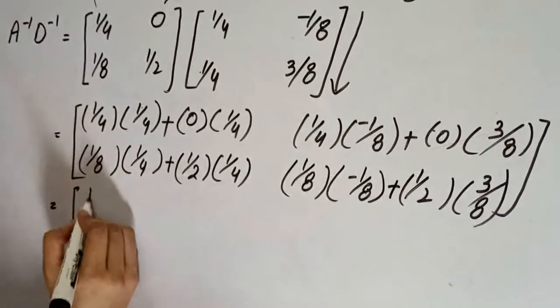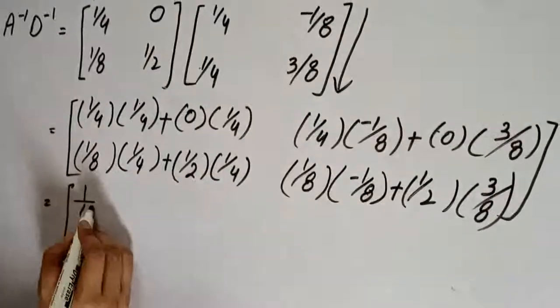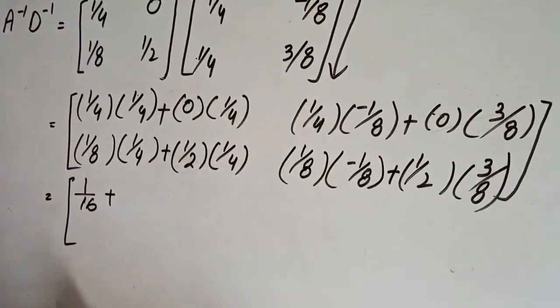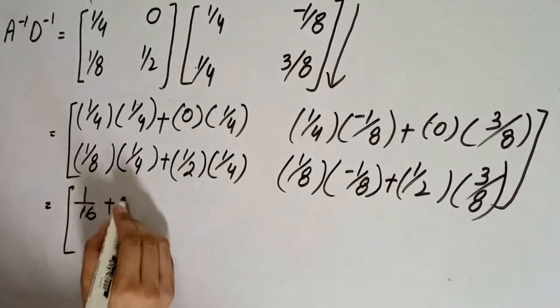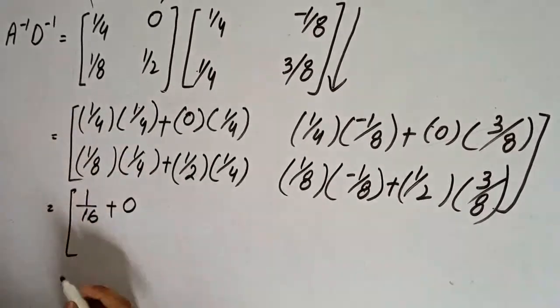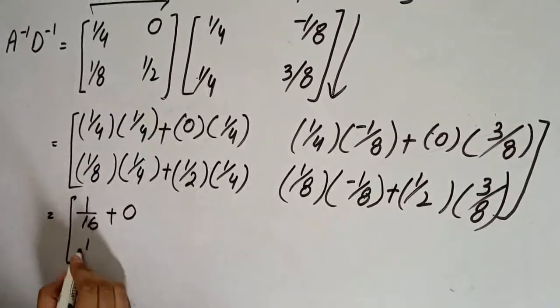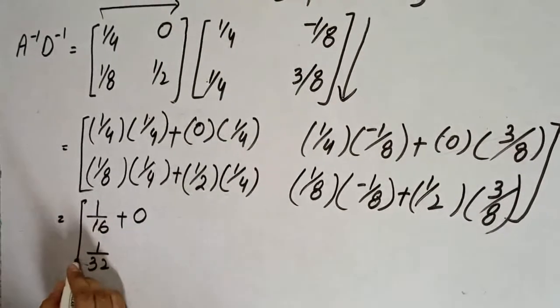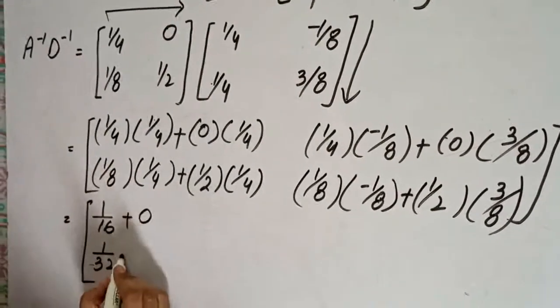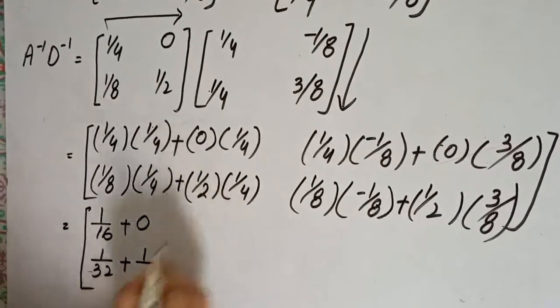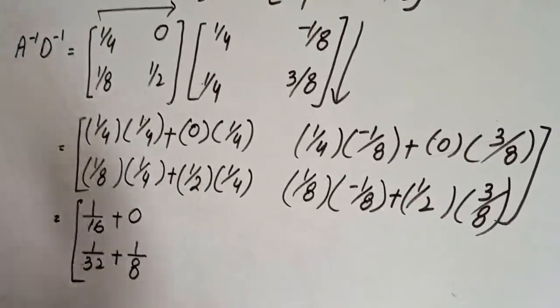1 1s are 1, 4 4s are 16, plus 0 multiplied by 1 over 4. If 0 is multiplied by any number, the answer is 0. Now numerator multiplied by numerator, 1 1s are 1, 8 4s are 32, plus 1 1s are 1, 2 4s are 8.